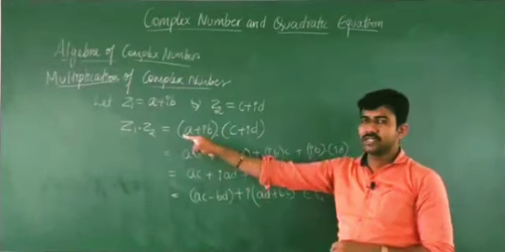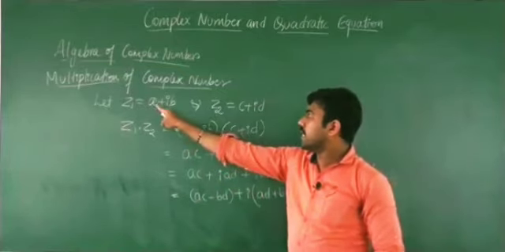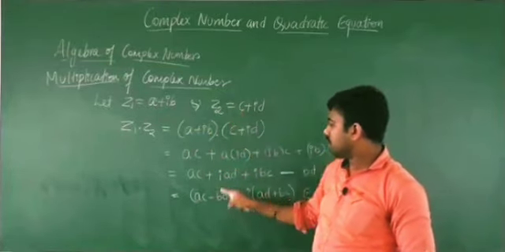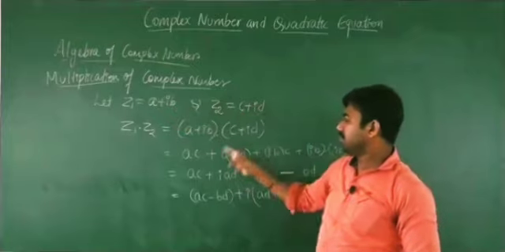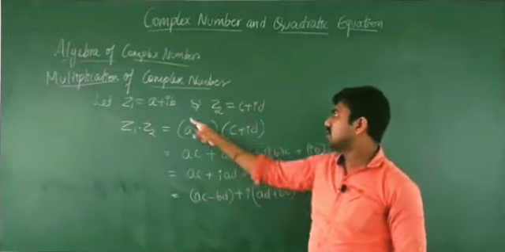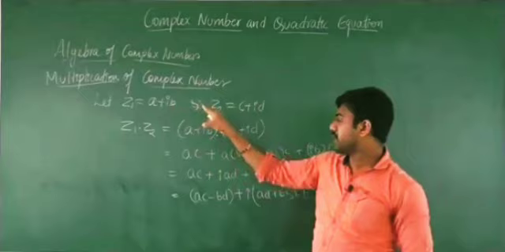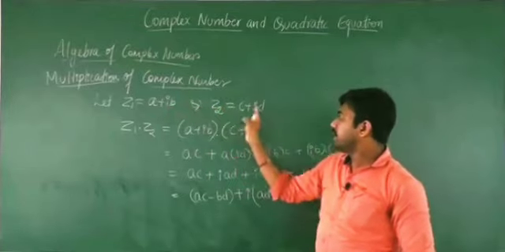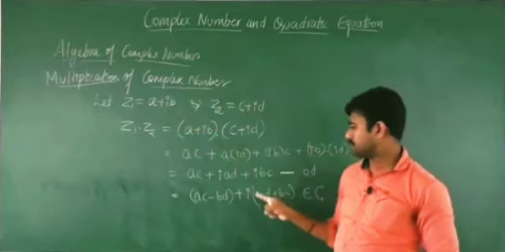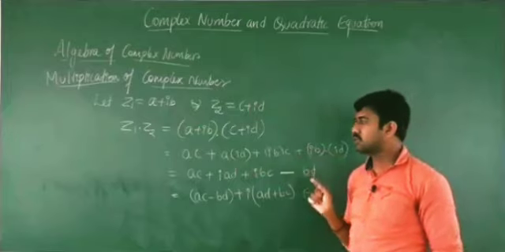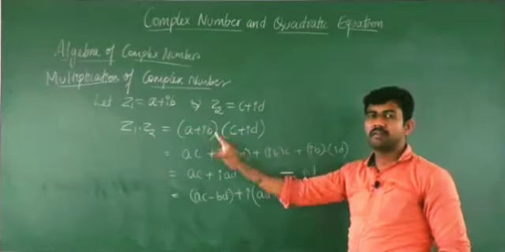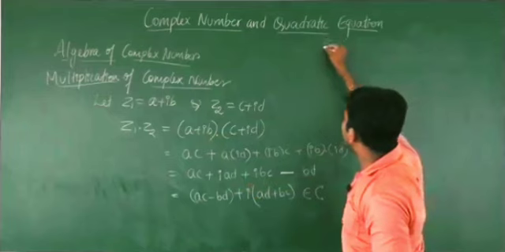Z1 into Z2 is nothing but A into C minus B into D, plus i inside the bracket AD plus BC. Like this you have to multiply, or else you can use the simple multiplication method to multiply two complex numbers.